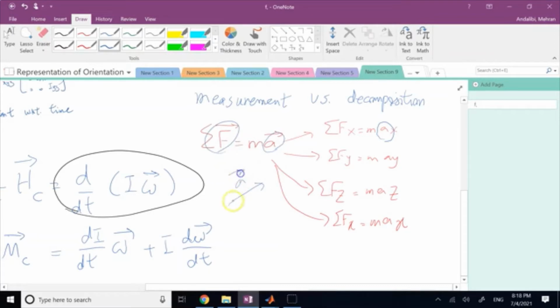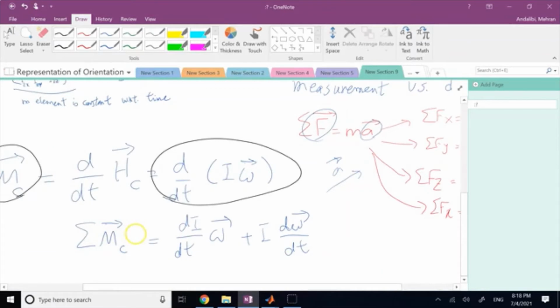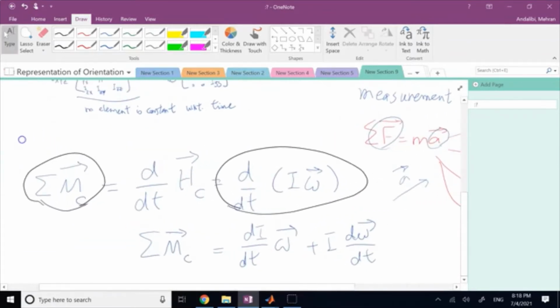I can now decompose it along any coordinate frame that I desire. Because I have done my measurements and I know the value of this free vector, now I can write it in any direction.